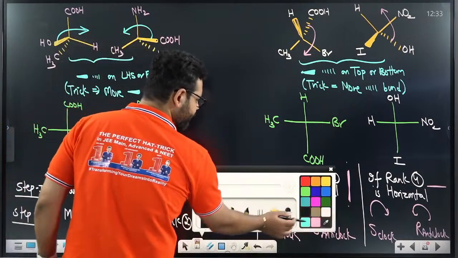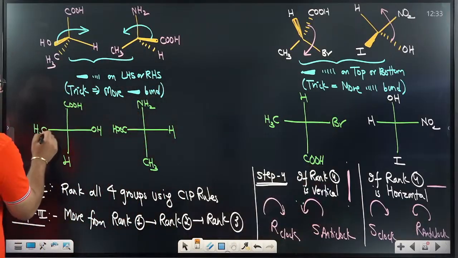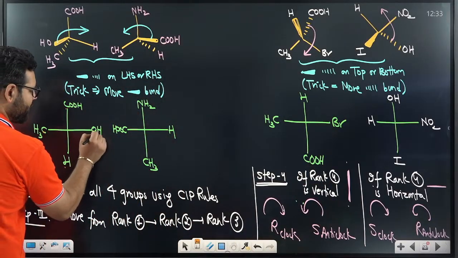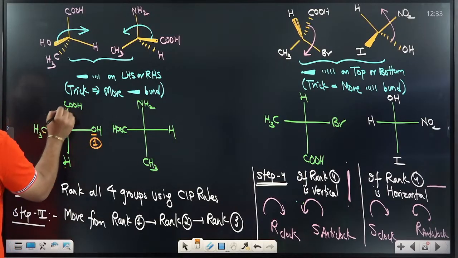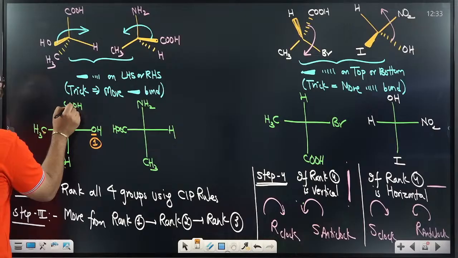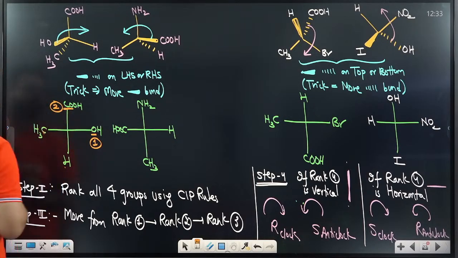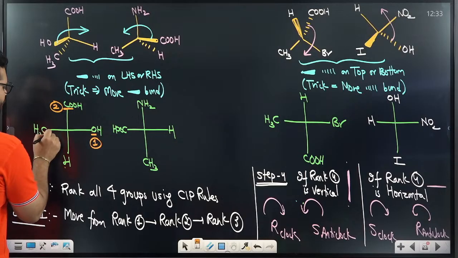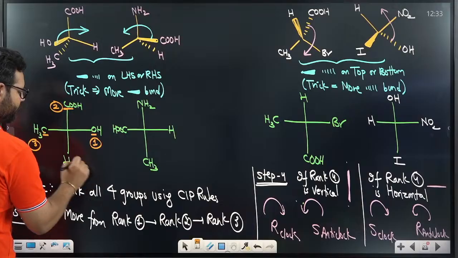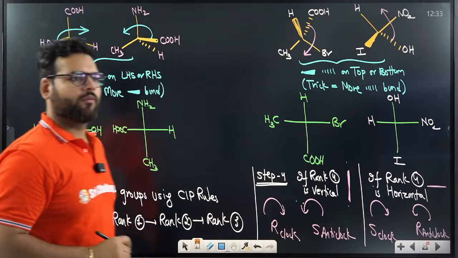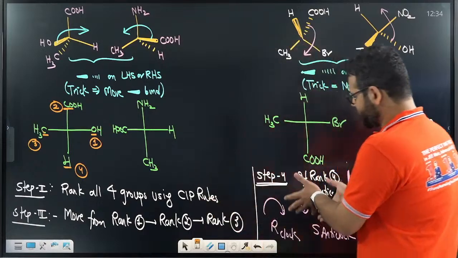First example I am showing. I am using the CIP rules. Carbon, carbon, oxygen, hydrogen. Oxygen becomes rank 1. Carbon, carbon, tie. Chipko rule. The one attached to oxygen becomes rank 2. This carbon becomes rank 3. Hydrogen becomes rank 4. 4th is vertical, so we have to follow this rule.